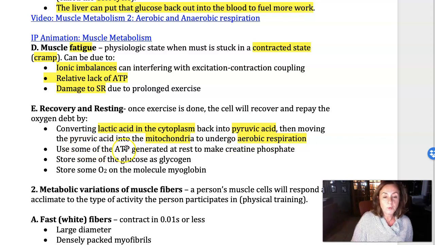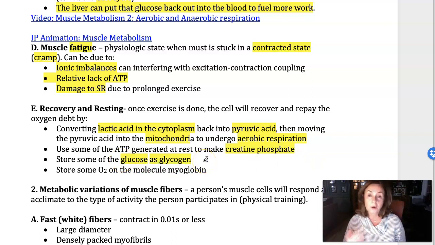We can also, when we start making this ATP, start taking the phosphate off of that ATP to start stockpiling some creatine phosphate. Glucose that's coming into the cell, we could store it up as glycogen, right? So we could store glucose to use for later.